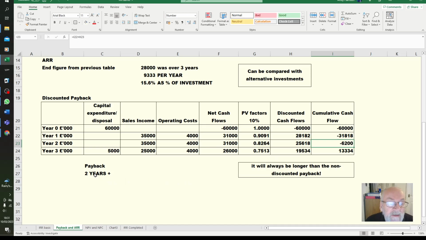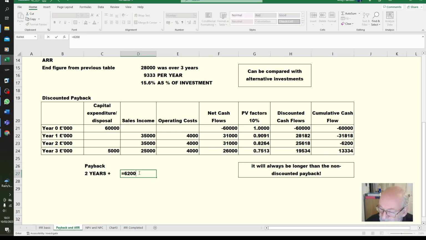So now the formula is 2 years plus, because it's 1, 2, it's in the 3rd year it pays back. So if I do my 6,200 out of, I've got to get the right figure here, got to get the 19,534, the discounted cash flow, or discounted net cash flow.